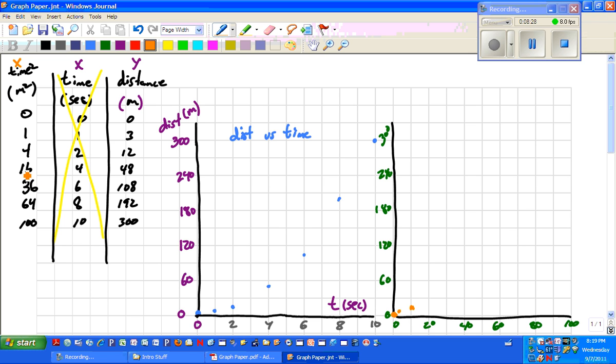16 and like 50. So 16 and like 50 will be up here. And 36, which is almost 40, and like 108. So it's 90, that's 108, so it's about here.